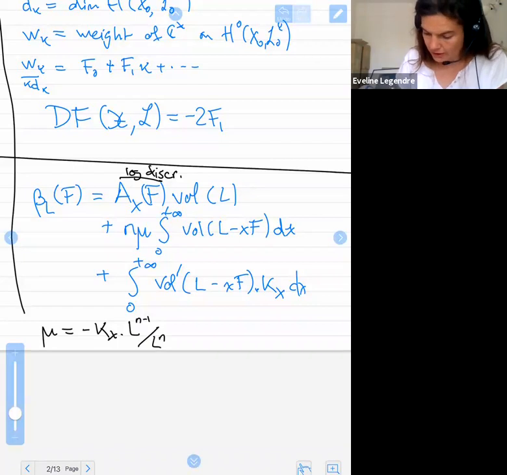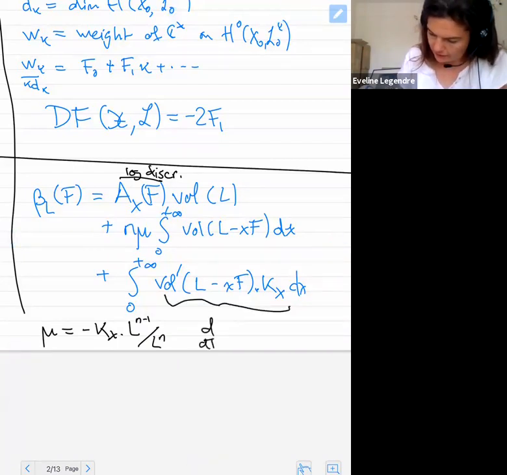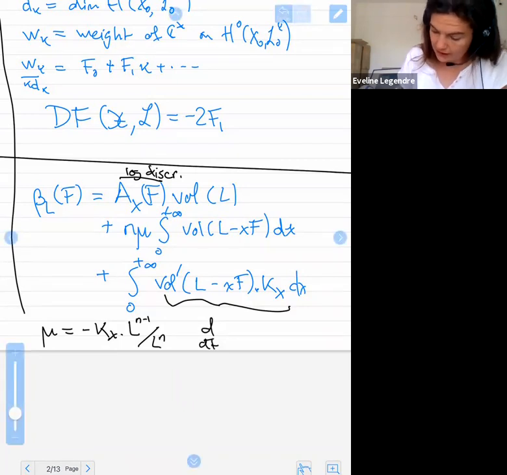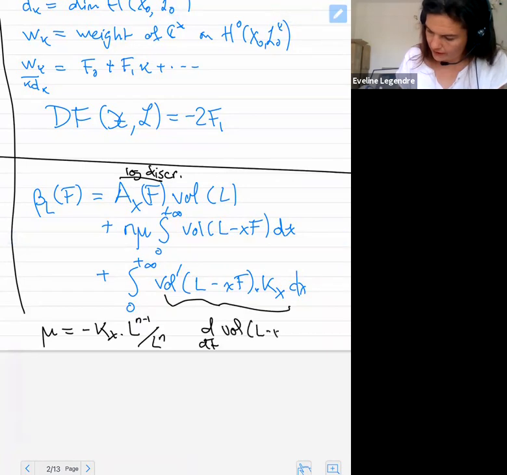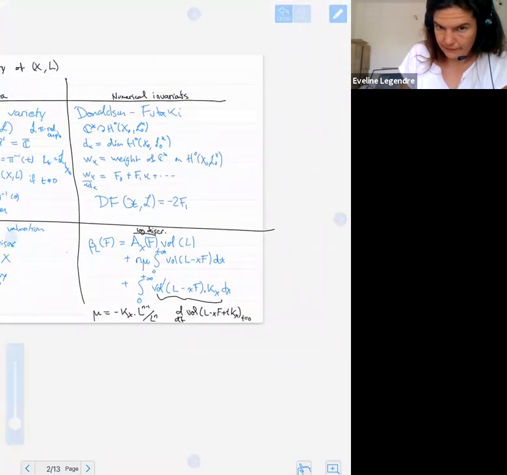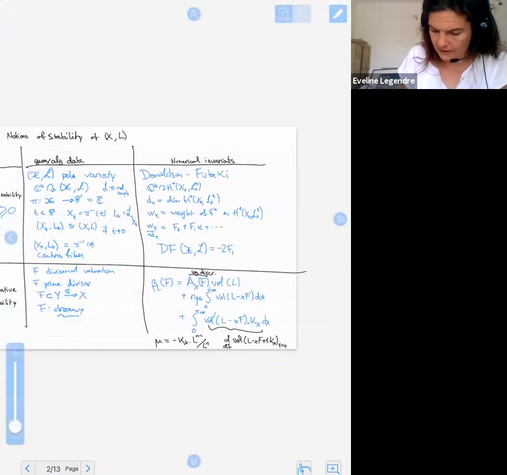And here, this is the derivative along t of the volume of L minus xF plus tK_X at t equal to 0. Okay, so this is the data we have.